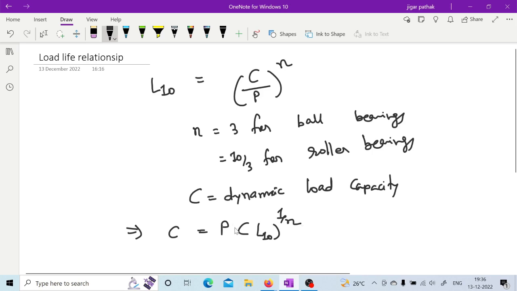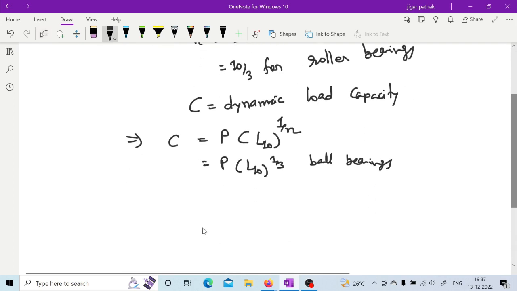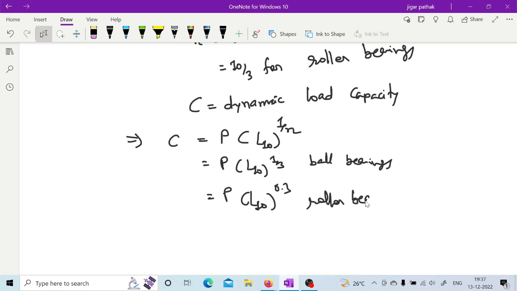For ball bearings it will be P into L10 raised to 1 by 3, and for roller bearings it will be P into L10 raised to 3 by 10. This is how you have the relation between the dynamic load capacity and the load which is acting on the bearing.